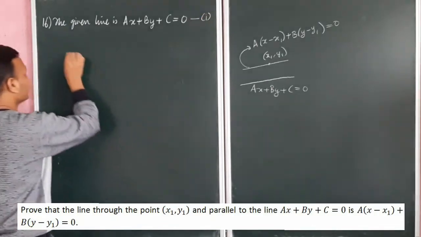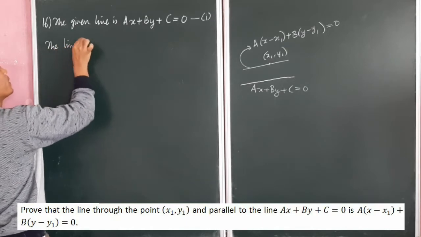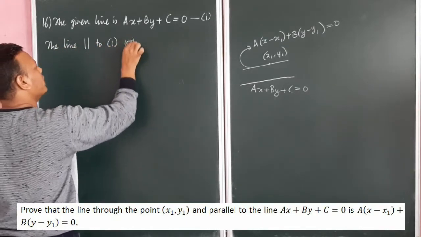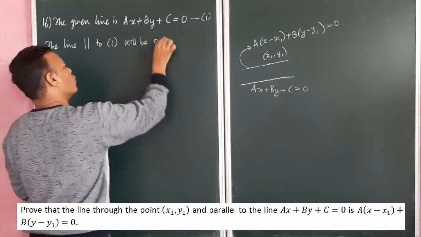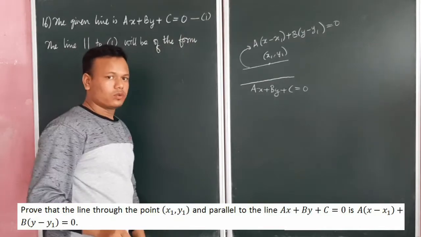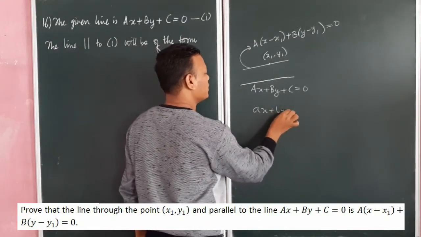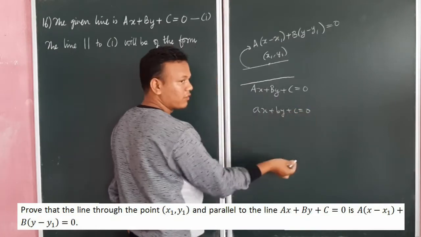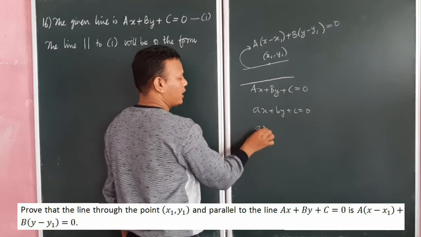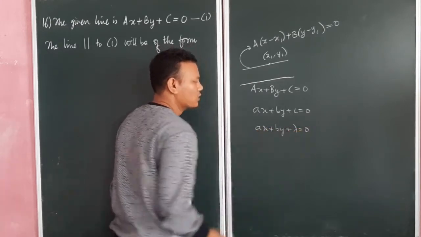So the line parallel to 1 will be of the form, if you remember the formula, ax + by + c = 0. If this is your given line, then a parallel line to this will be of the form ax + by + lambda = 0, isn't it?